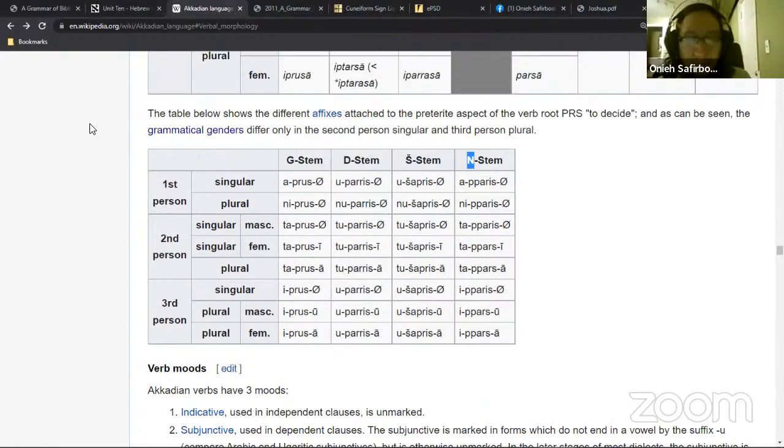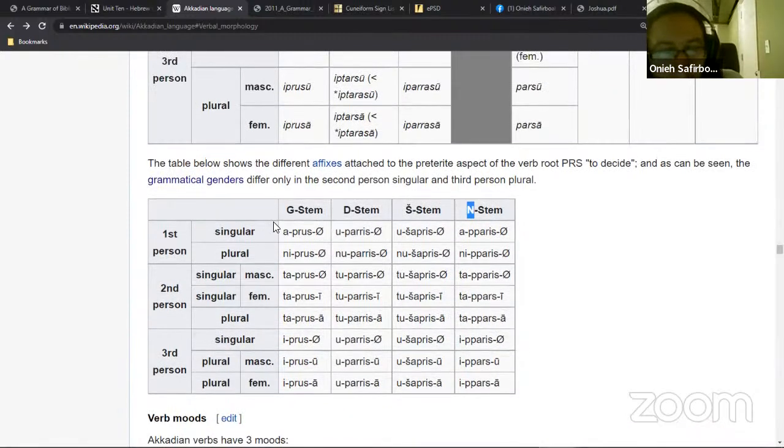G stem, I think, is the normal form. Yeah, I'm not sure about these. I have to do more research on these different forms in Akkadian.